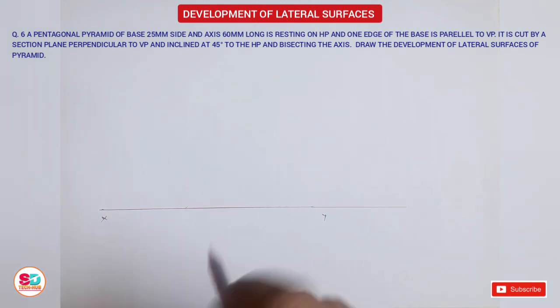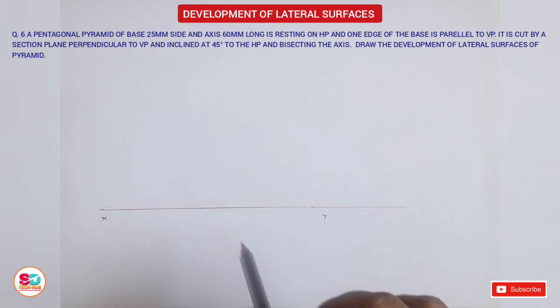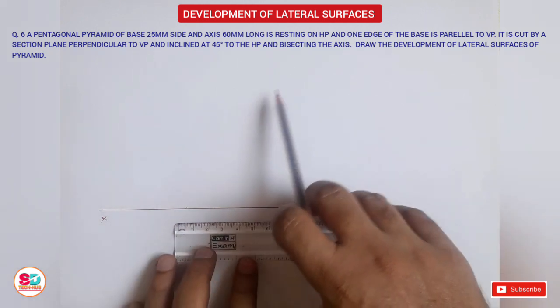Before drawing the top view, we have to find out the conditions given in the problem regarding the base edges. In this problem, we have the condition that one of the sides of the base is parallel to the VP, and it is resting on that side. So we will start with the edge which is parallel to the VP or the XY line.